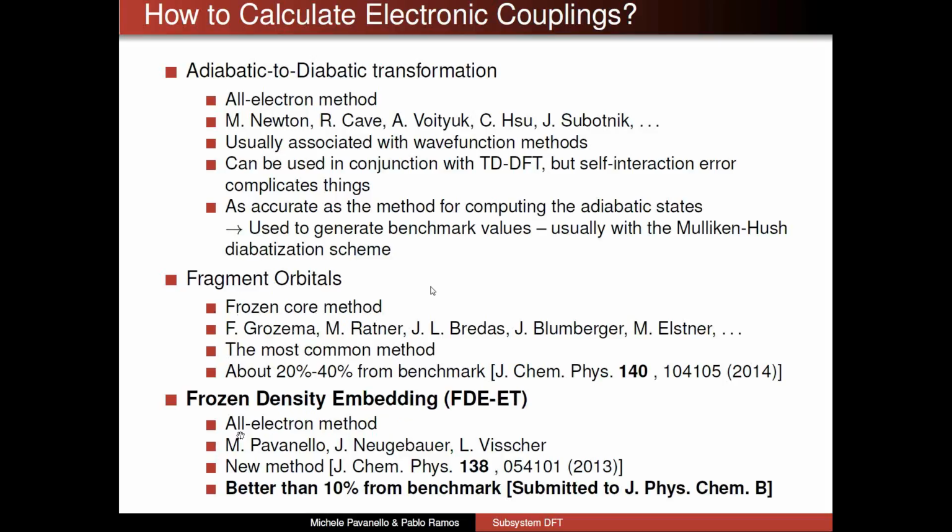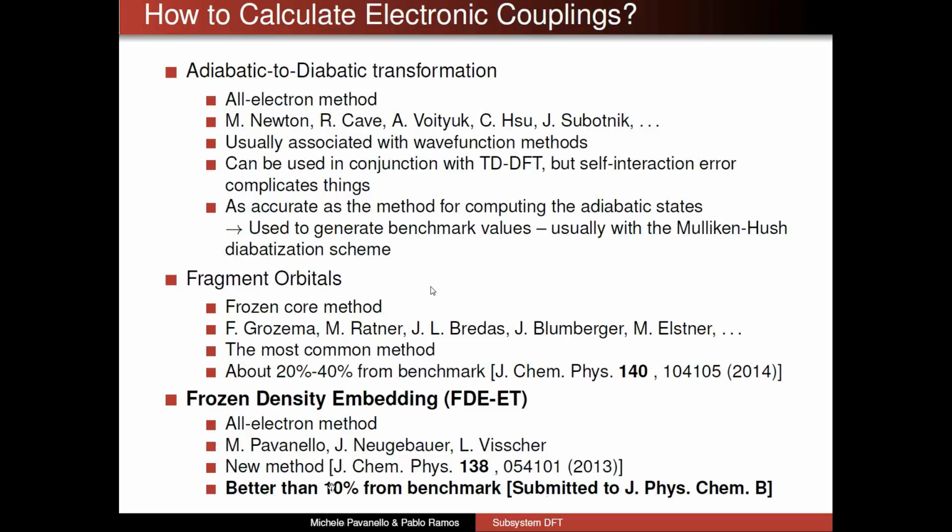It's an all-electron method. It has been developed by myself in collaboration with Johannes Neugebauer when I was in his group in Leiden, and also in collaboration with Lucas Visscher, and I guess here I'm leaving out another name, Troy Van Voorhis, who has helped us in the implementation of the coupling formula.